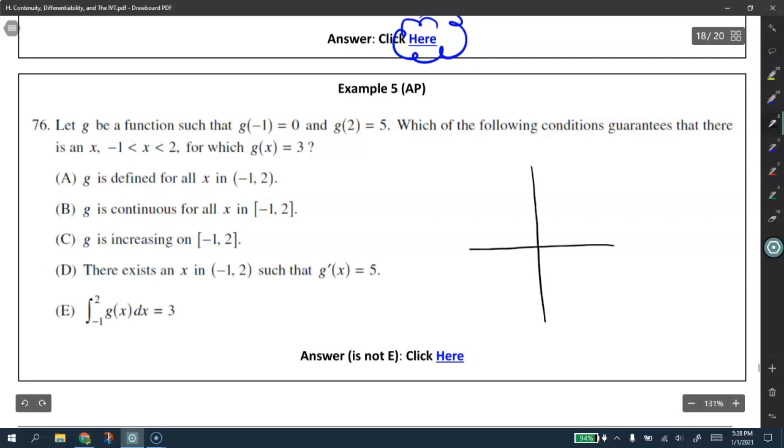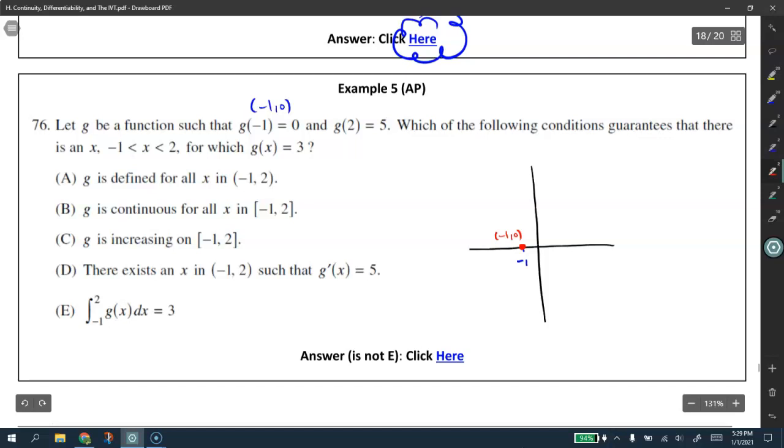So what are they telling us? They're saying that on the graph of g, if you were to go to negative 1, the coordinate is negative 1 comma 0. So the function g is definitely going through negative 1 comma 0.